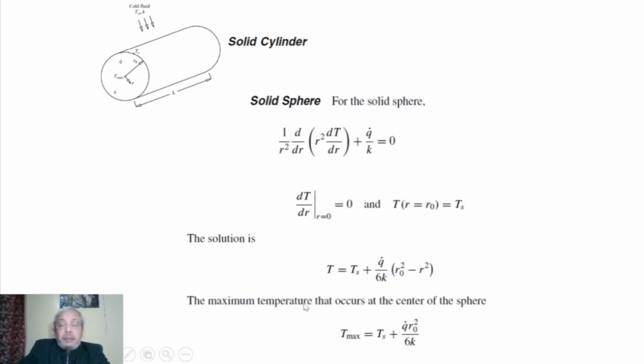And again maximum temperature occurs at the center. So if we substitute R by 0, then we'll get maximum temperature, which is Ts plus Q star R0 square by 6K.